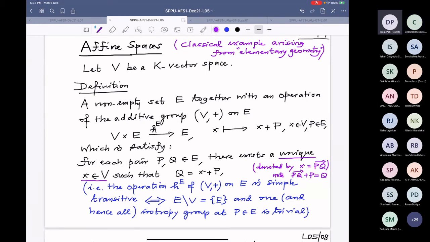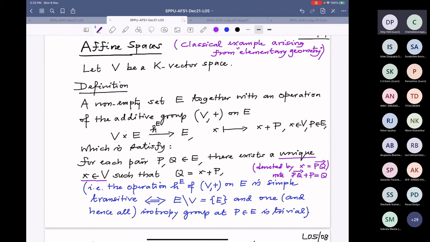Together with an operation of the additive group of V, plus, such that this operation map satisfies the properties which I have written. The operation map, which I am denoting x going to x plus P, because the operation on the group I am talking about is V plus.